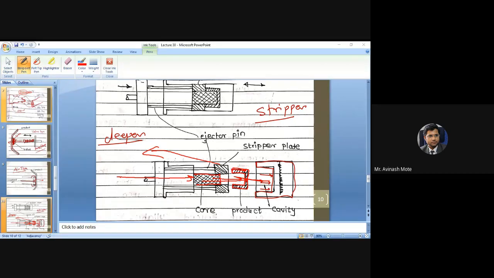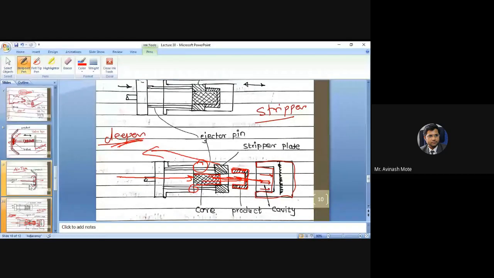Okay, so after the ejection, the stripper plate gets back to the original position by these guided pillars. Getting it? Okay, so these are the guided pillars or the ejector pins. This will guide the stripper mechanism. Okay, so this is the stripper, preferred when the component is deeper.